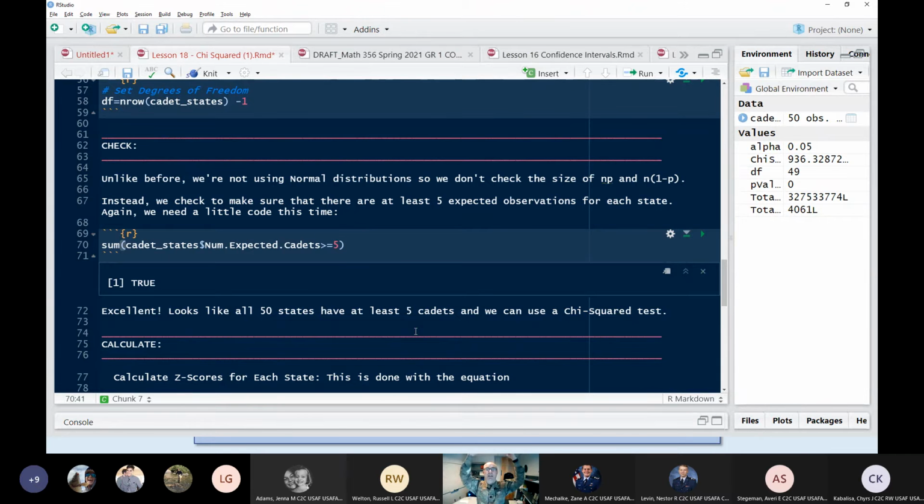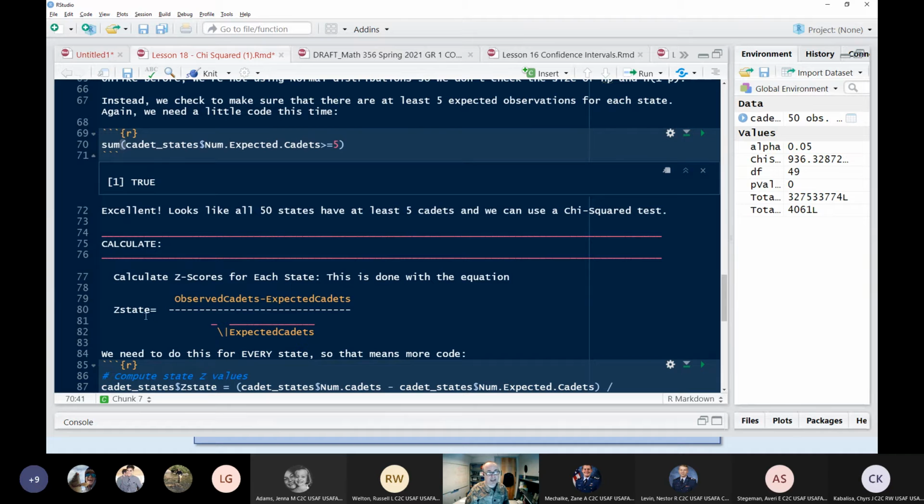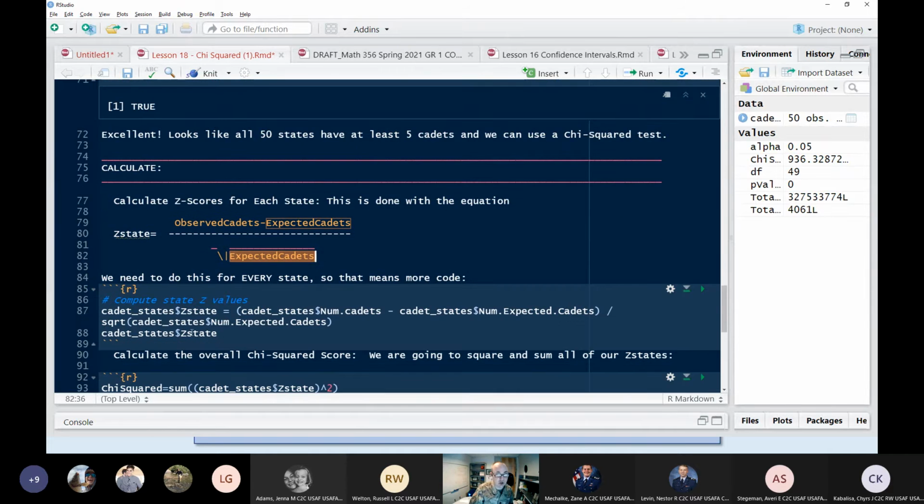This is the whole reason we do the prepare step first, because if you did the prepare step, this calculate step is ridiculously easy. For every state, the z-score is the observed minus the expected, divided by the square root of expected. So I just code that.